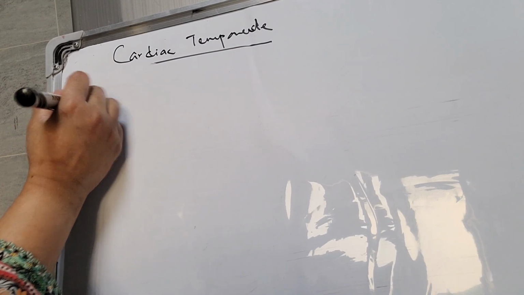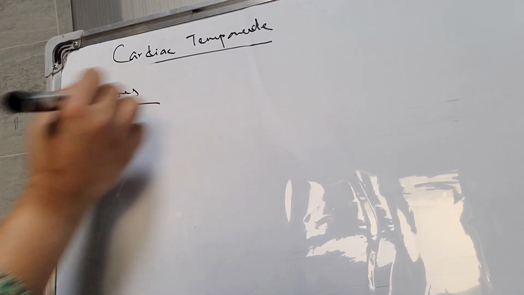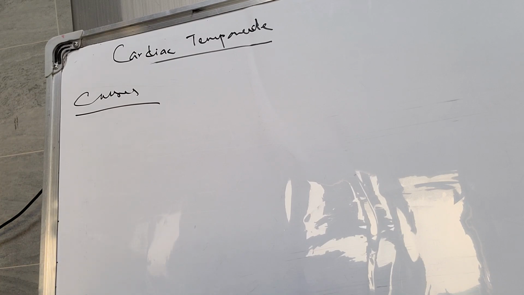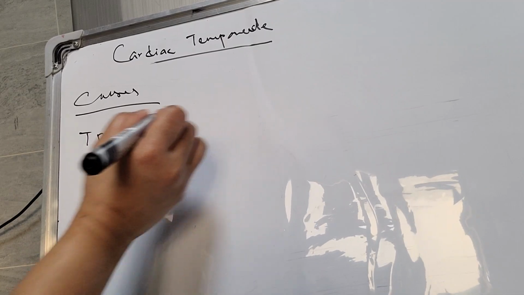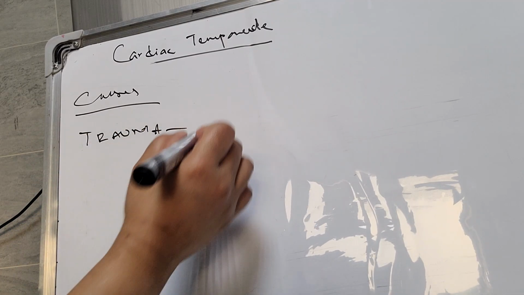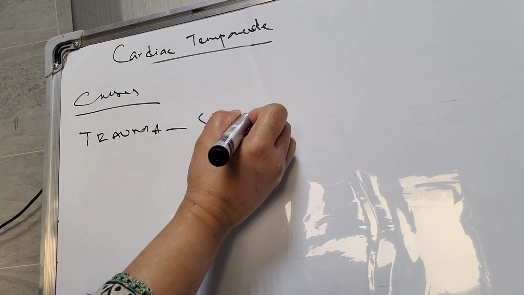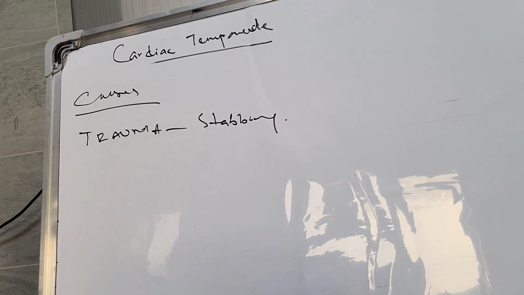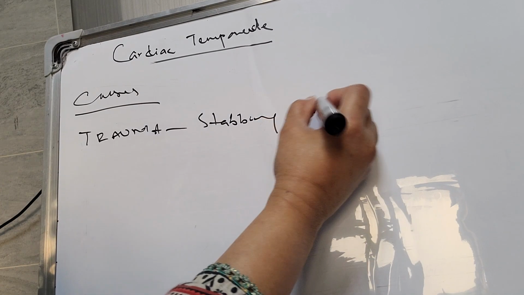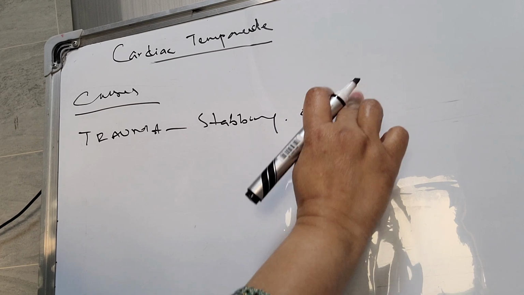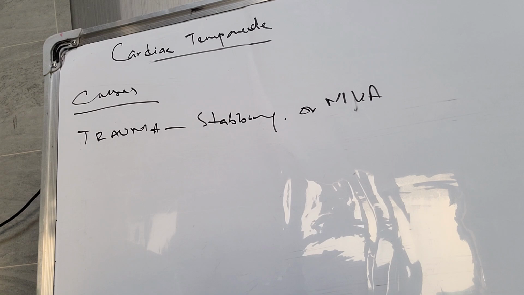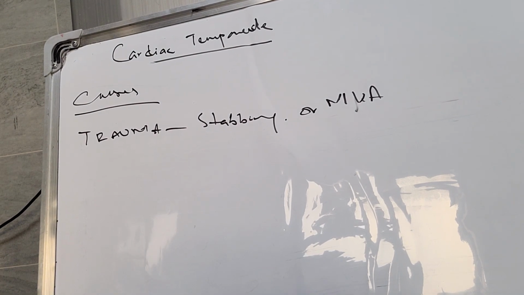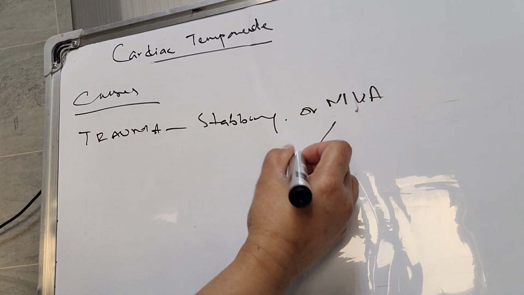Now what are the causes? Causes of cardiac tamponade. Number 1, trauma. Any trauma, for example, stabbing. Stabbing means someone cut with a knife. Or MVA. What is MVA? MVA is a microvascular angina.